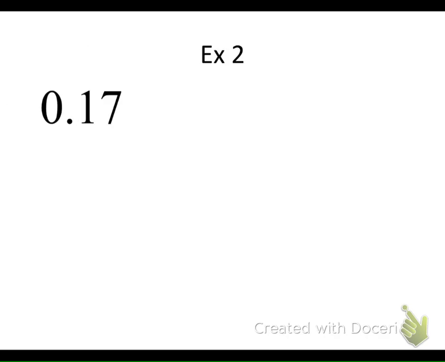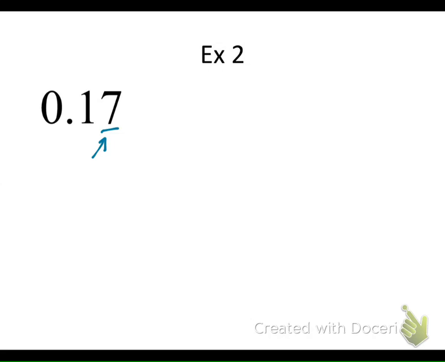Okay, example 2. So the first thing we have to do is what? The first step says determine the place value of the last digit in the decimal, which is the 7. So go ahead and underline your 7. What place value is the 7?